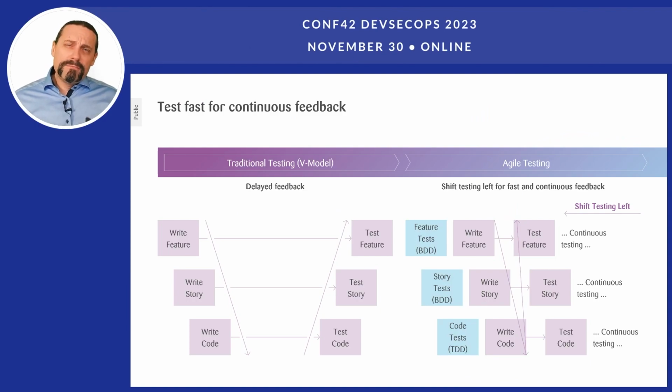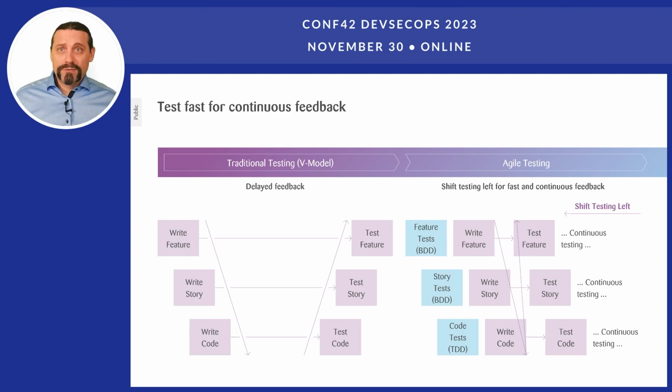So now we need to have a look at the testing. Usually we test in a V model, which you can see there, where we have delayed feedback. Usually it happens that way, that a requirements engineer is writing a feature, then another requirements engineer is writing a story, and finally a developer writes the code. If we are very lucky, then the developer also writes some tests for that code.